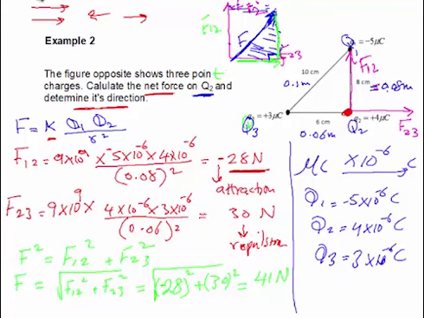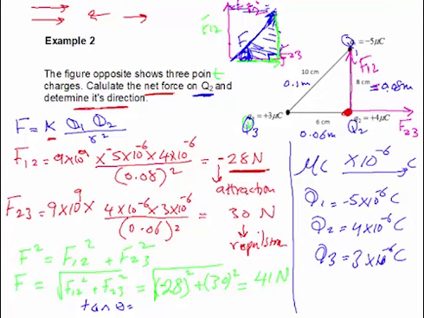Now, how to get the direction of the resultant force? We also need to determine the direction of F. For the direction of F, we have to come with tan theta. Where is our theta? Here, this is our theta.